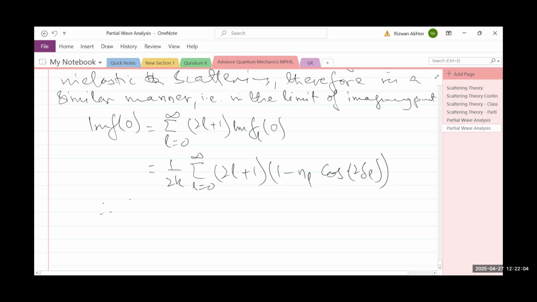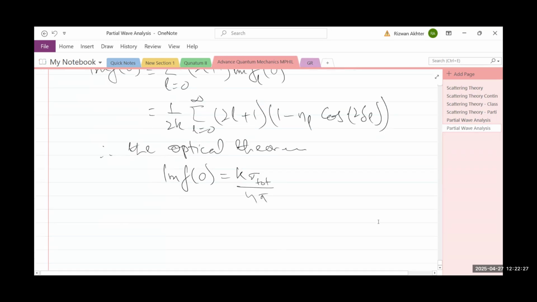Therefore, the optical theorem relation will be: imaginary part of f of 0 is equal to k sigma total divided by 4 pi.